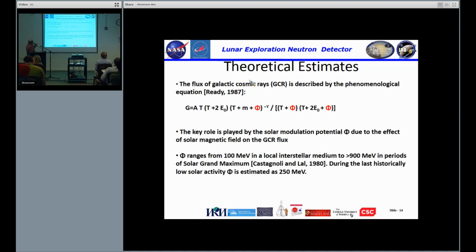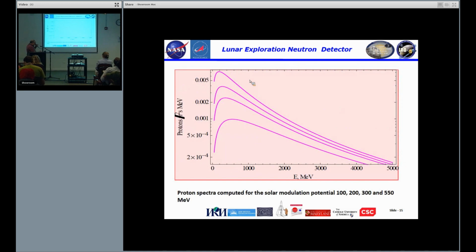This is the potential. It ranges from 100 MeV, in the local interstellar medium, up to more than 1,000 MeV in periods of solar grand maximum. But during the last historically low solar activity, it is estimated as about 250 MeV. Now, some examples.